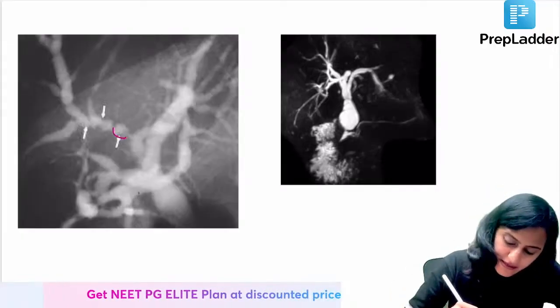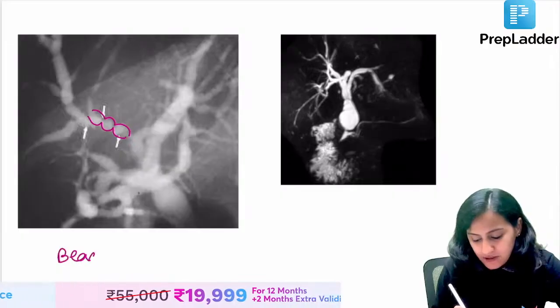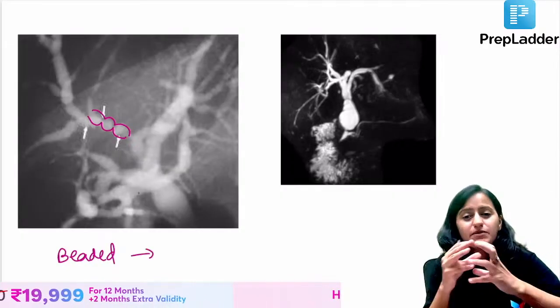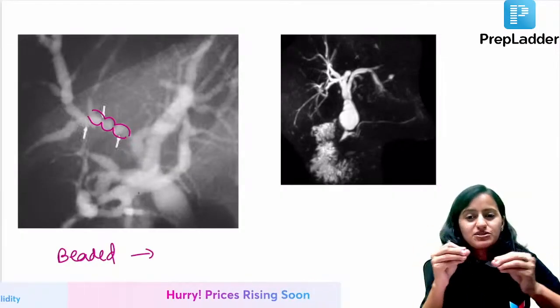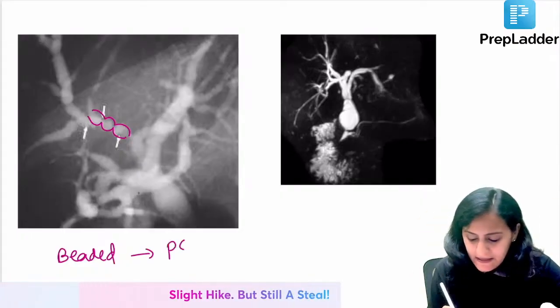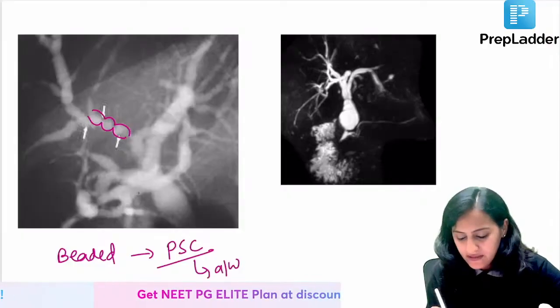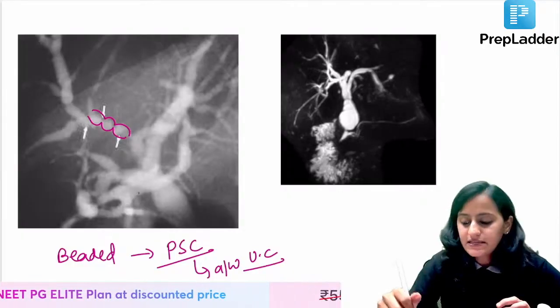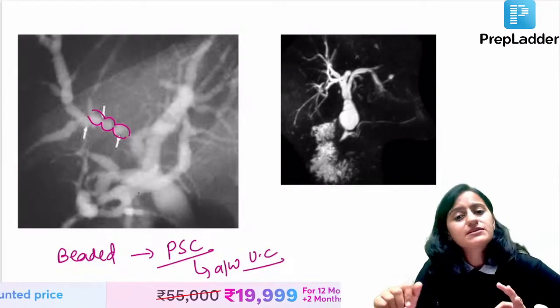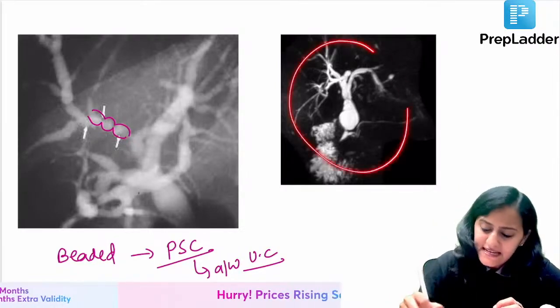The beaded appearance of the biliary tree, because of the fibrosis, strictures and dilatation. This is seen in primary sclerosing cholangitis. Always remember the association with ulcerative colitis. Very, very important. Recent exam question.